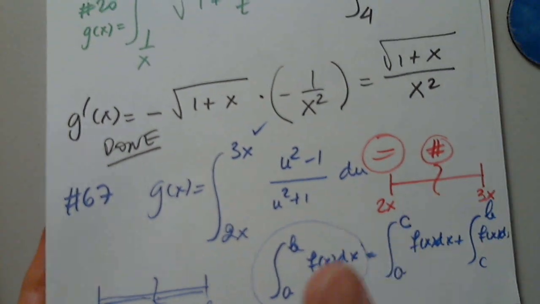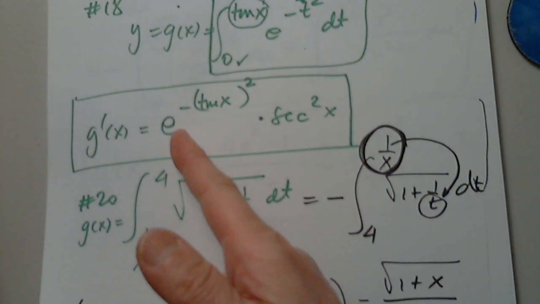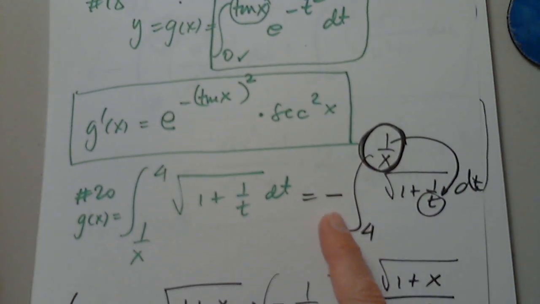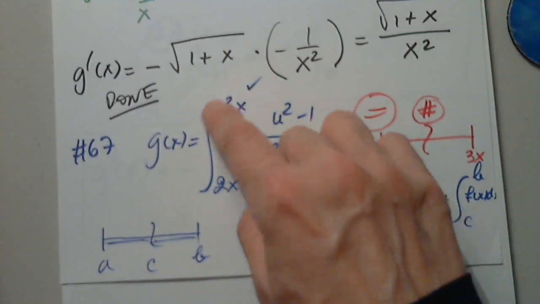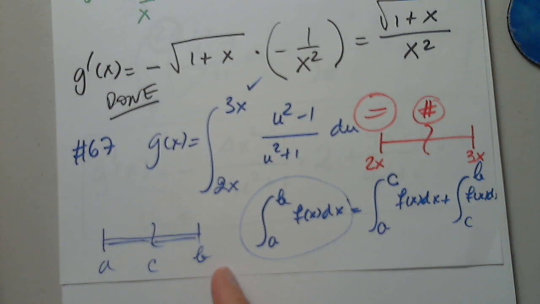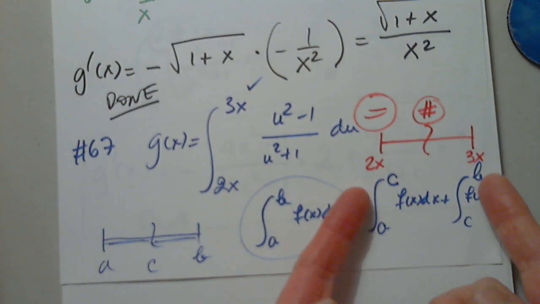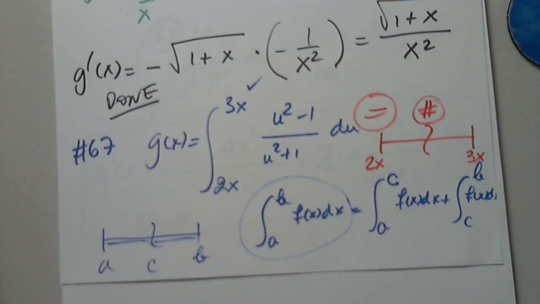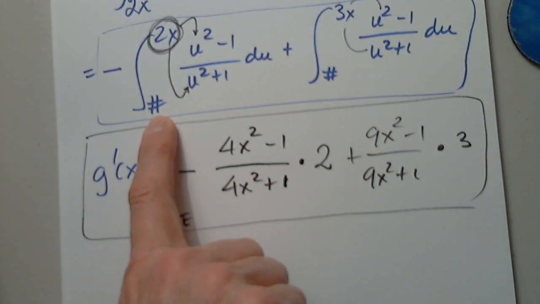So I have to remember two properties. One property is when I swap the limits of integration, I have to change the sign in front. And the other property, any integral can be split. Where do I split? How do I know what's between 2x and 3x? Nobody cares, as long as I split it, because when I differentiate, this goes away as being 0.